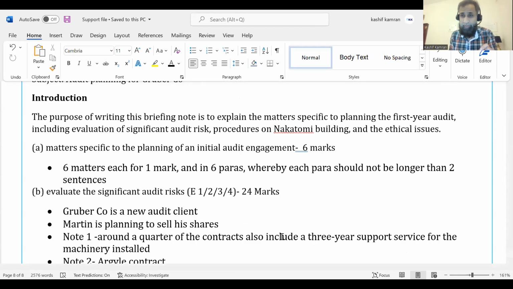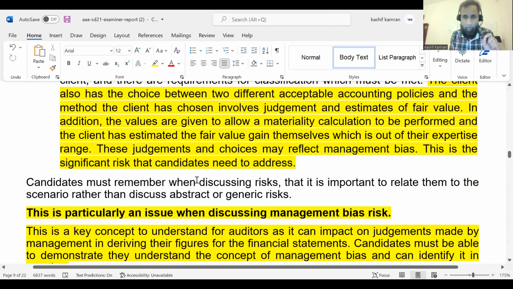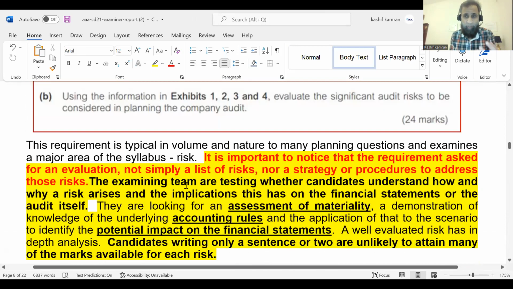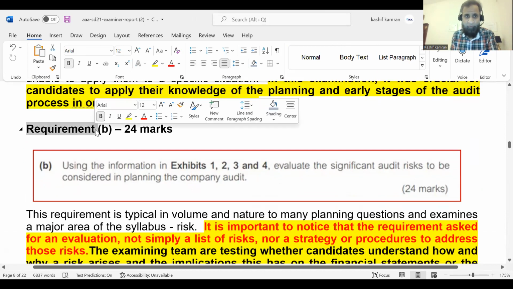Please ensure you read the examiner report. I will be sharing this with you. Please ensure that you go over the question number 1 examiner report, because question number 1 has been discussed in the session. So when you read this report, it will make sense to you. See, it's starting from here, requirement B for 24 marks.